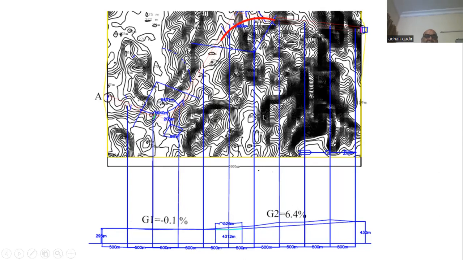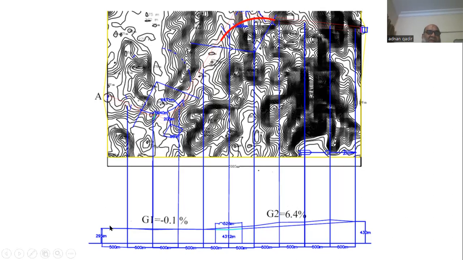As you can see, if you imagine this elevation, my finished road level is this point, and my ground level is this point. So I have to cut this section, and there will be some filling here as well. It may not be shown very pronouncedly, but it is understood.